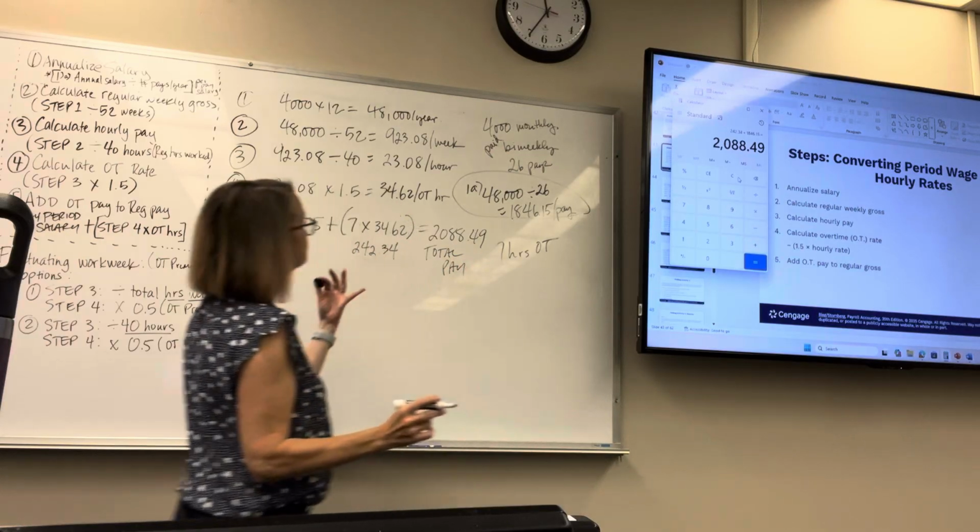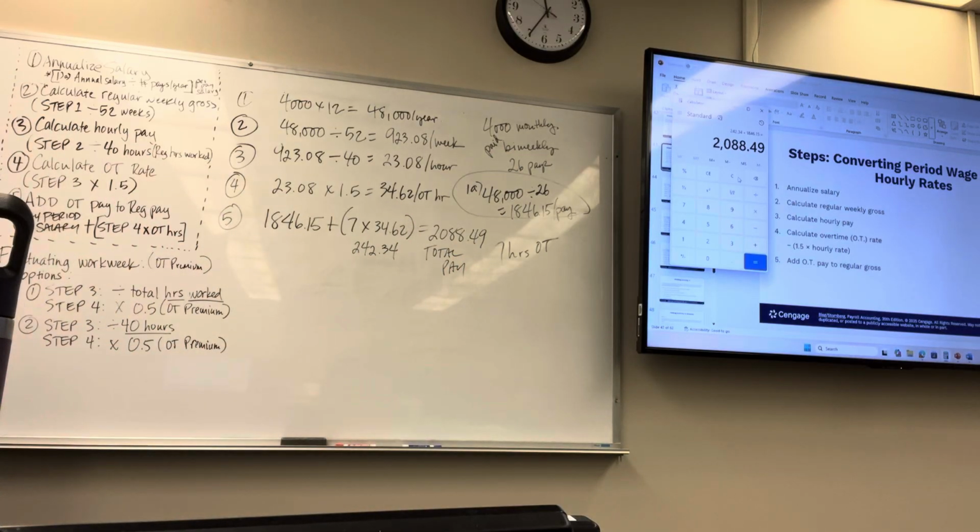So this individual who has a salary of $4,000 a month, paid on a biweekly basis, who worked 7 hours of overtime during that biweekly time period, is entitled to $2,088.49 for their gross pay during that pay period.